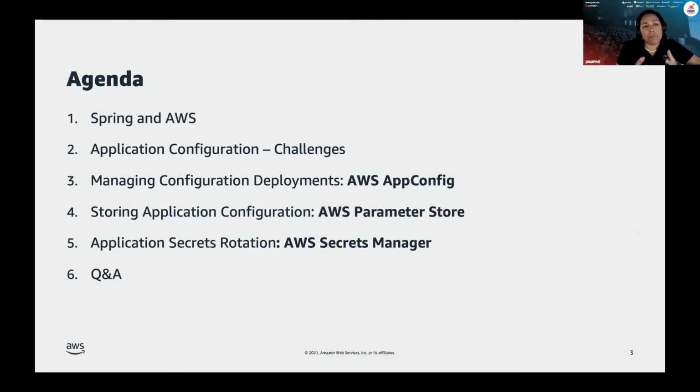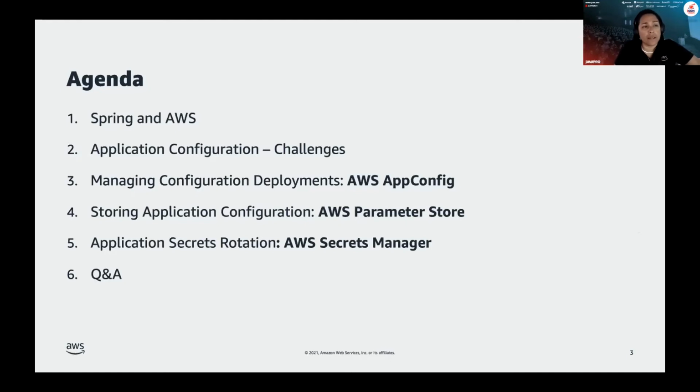This assumes some basic familiarity with AWS as a service platform, but not at an expert level. Then we're going to discuss application configuration and how we can carefully manage it, what challenges that brings, and what impact the way we do that can have on our applications.